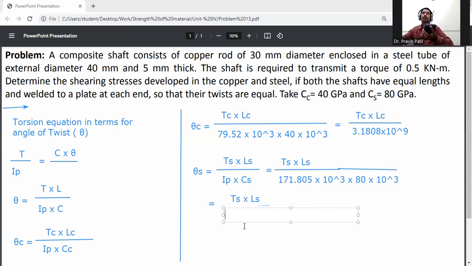So this one it is 1.3744 into 10 raised to the power 10.